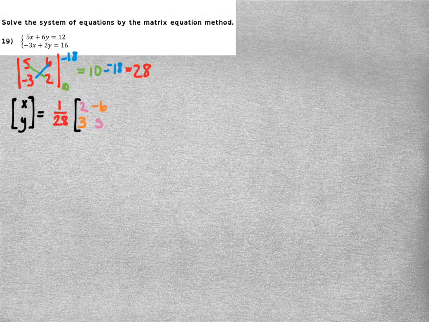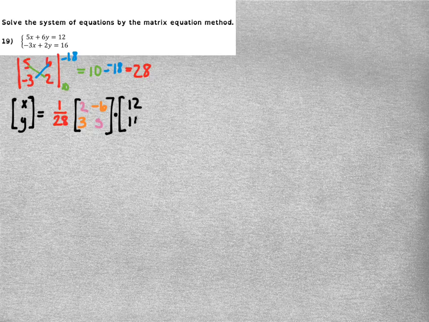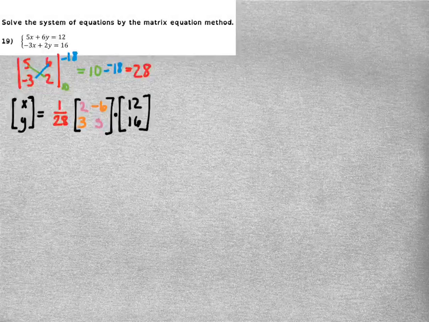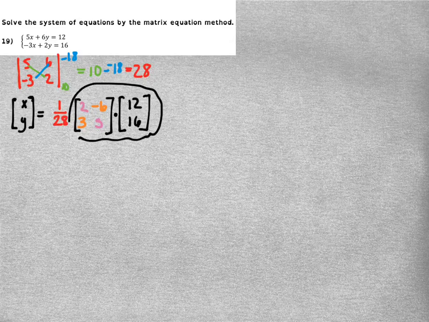And then you're going to multiply that by the matrix made up of the answers, 12 and 16. So I am going to multiply these two things over on the side.